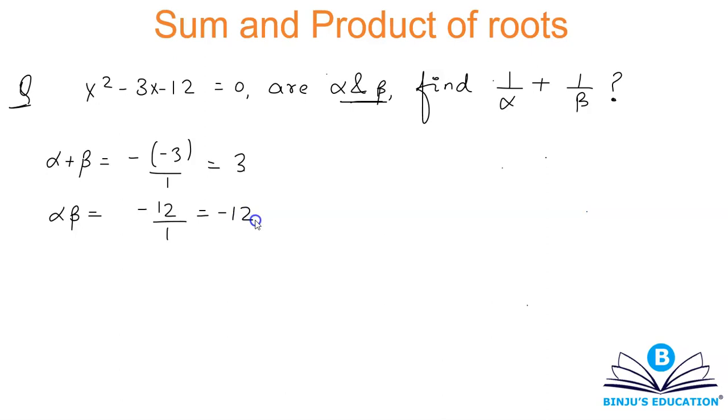If I want to calculate 1 over alpha plus 1 over beta, that's going to be alpha plus beta divided by alpha beta. So plug in the values. That's 3 divided by minus 12, so that's minus 1 over 4. And that's your answer for this question.